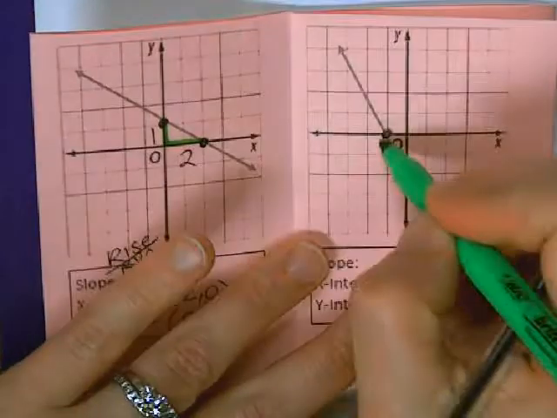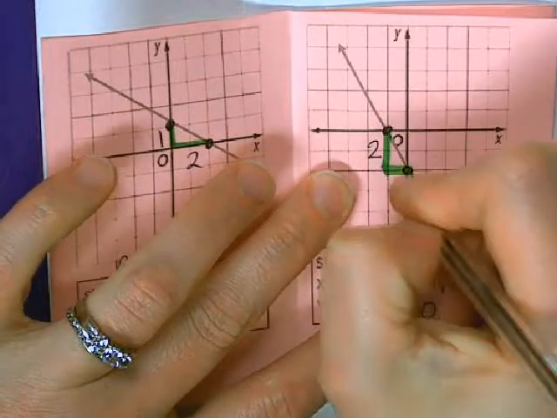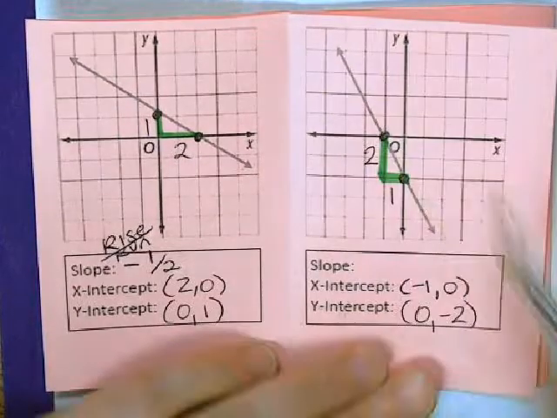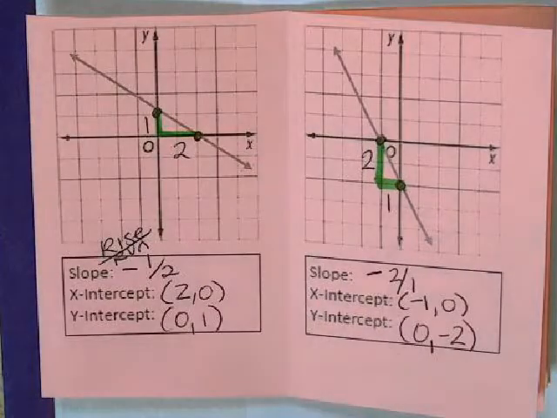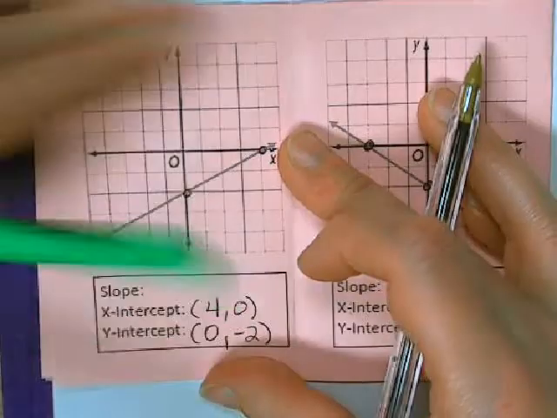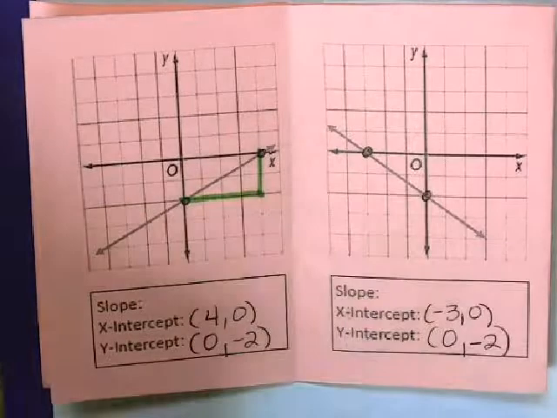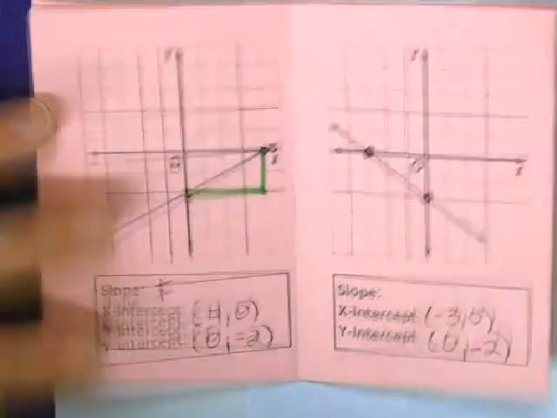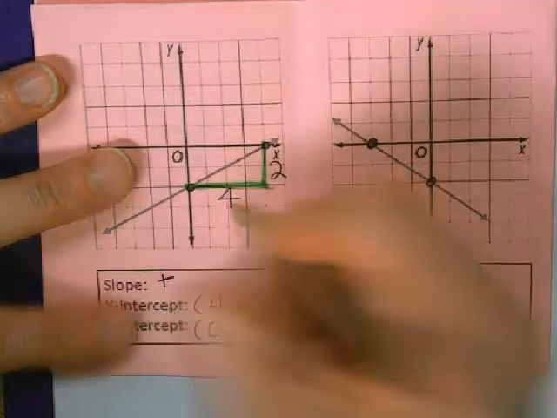Here, same thing. Draw my triangle between the 2 points. And this is 2, this is 1. Nice negative, so this is -2 over 1. The slope goes down 2 over 1. The next one. This one is a positive slope, so I'm going to put a positive sign. It's 2 high, and it's 1, 2, 3, 4 across.